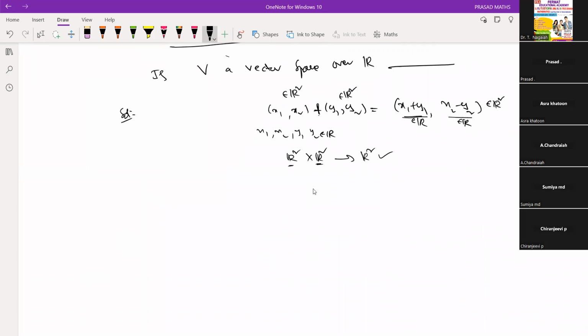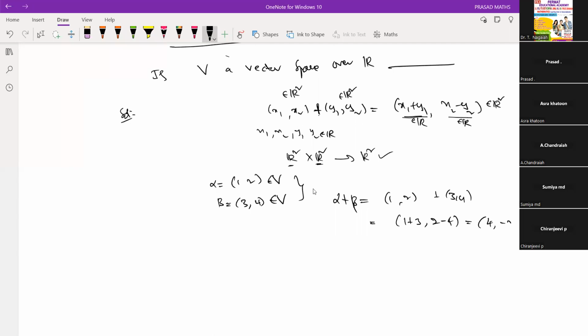No. Suppose you take alpha equals 1, 2, clearly an element of V. Beta equals, you can take anything, 3, 4. Does alpha plus beta equal beta plus alpha? You need to check it. Alpha plus beta is 1 comma 2 plus 3 comma 4. By my definition, that is 1 plus 3 comma 2 minus 4, which is 4 comma minus 2.